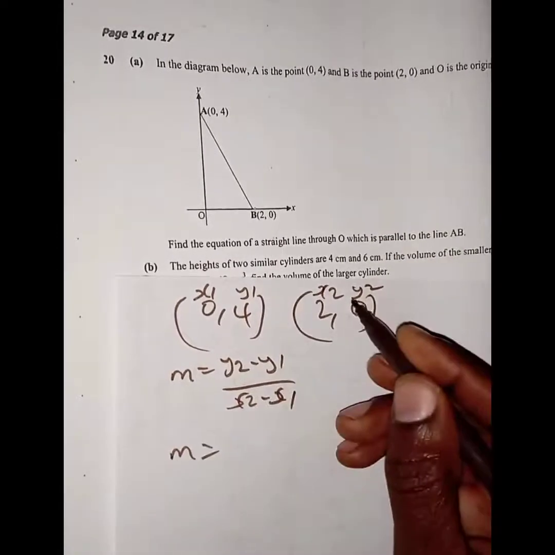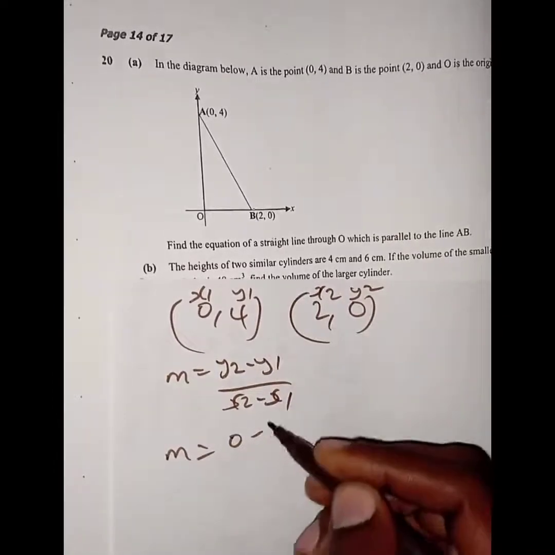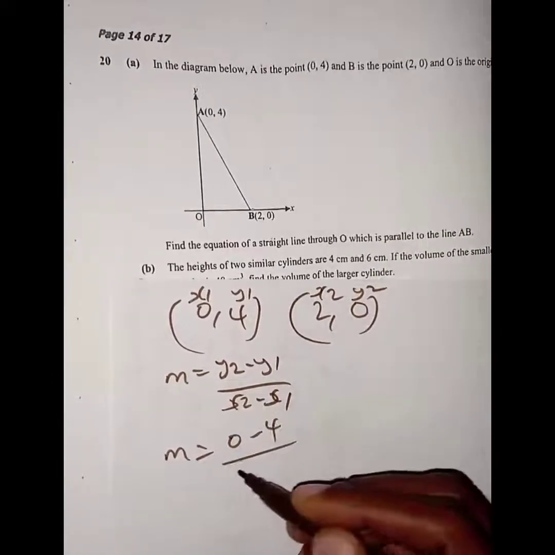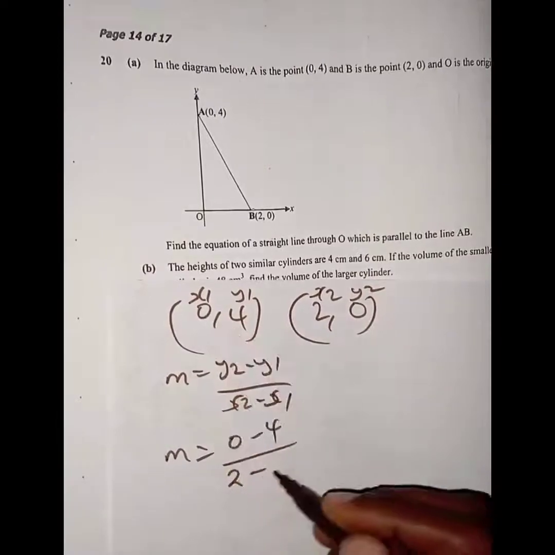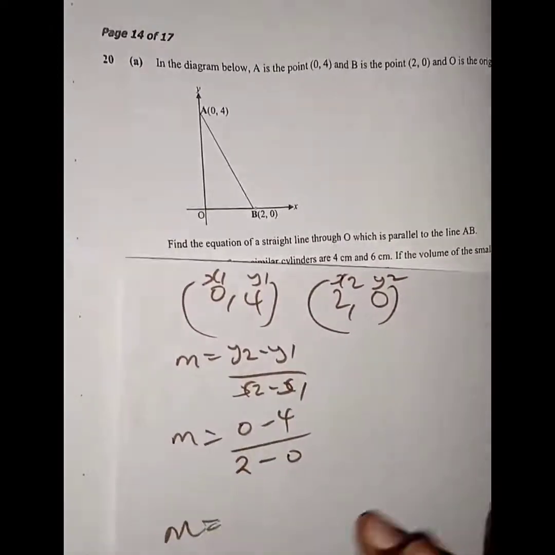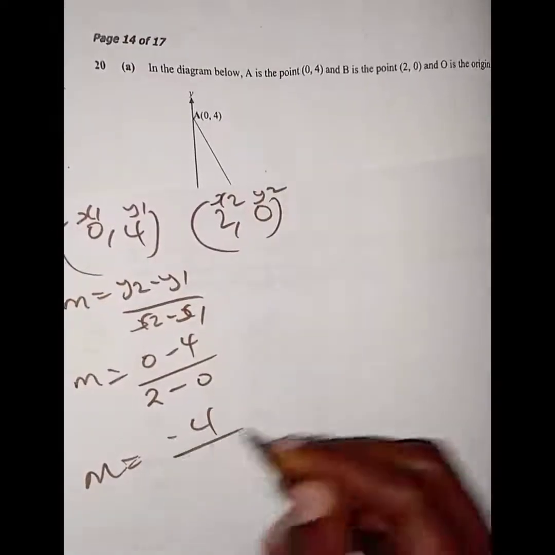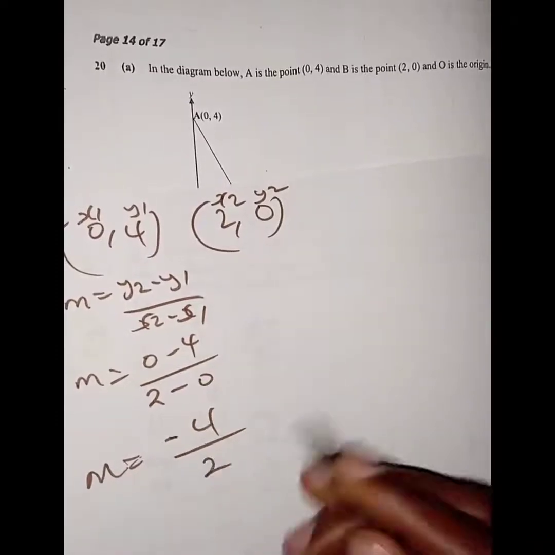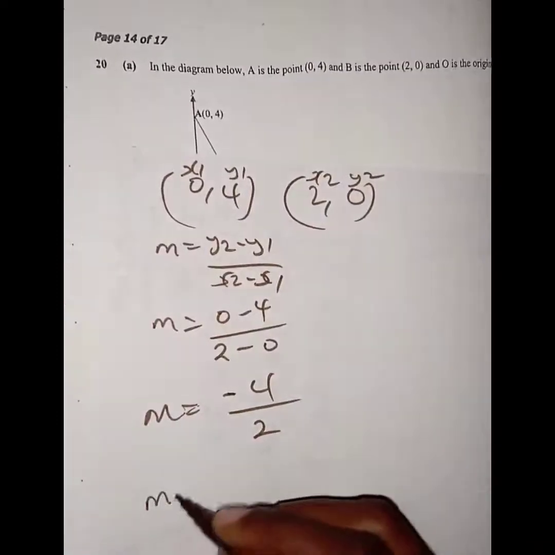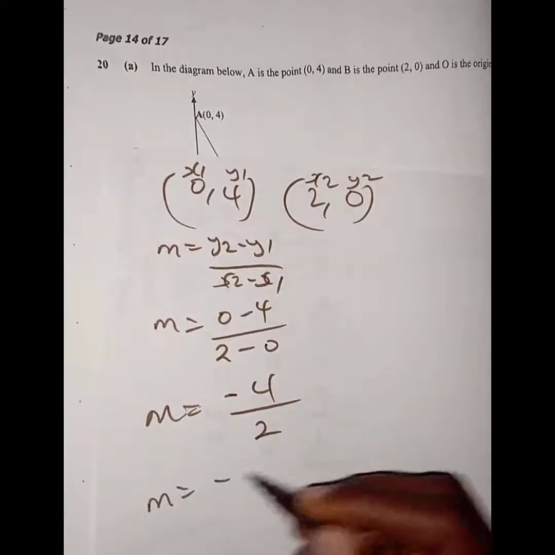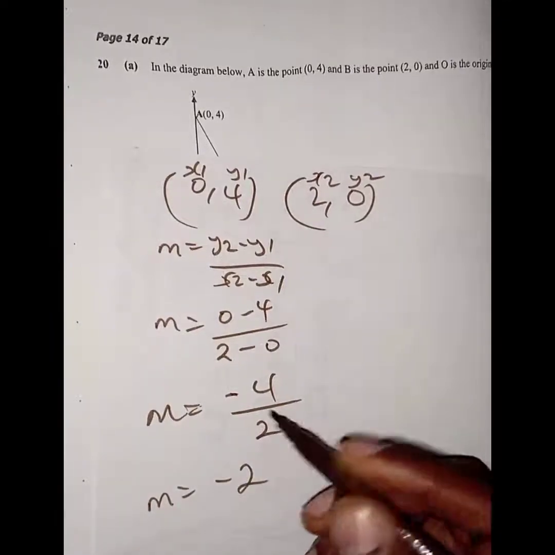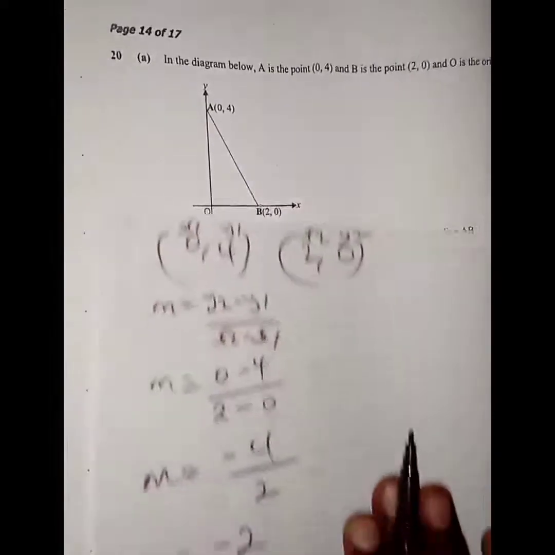Gradient is equal to y2 is 0, y1 is 4, x2 is 2, x1 is 0. 0 minus 4 is negative 4. 2 minus 0 is 2. Negative over a positive number is negative. 4 divided by 2 is 2. So the slope of this line is negative 2.